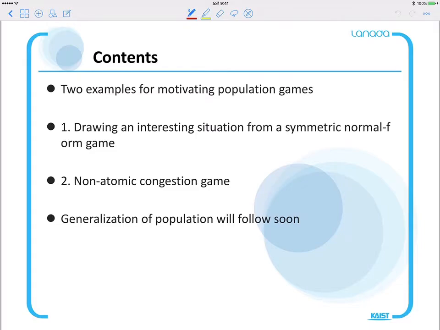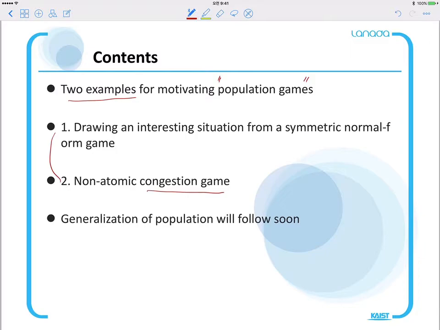But I'm going to give you two examples to motivate the population games, and then probably you will find why this can be useful. The examples draw on a different interpretation of the symmetric form game. It's the same thing, but a different interpretation. And also we're going to talk about something called the non-atomic congestion game.